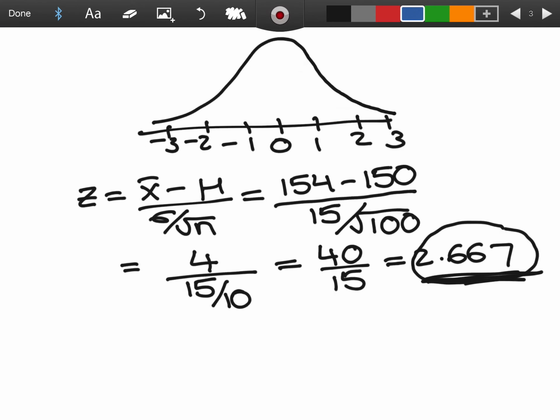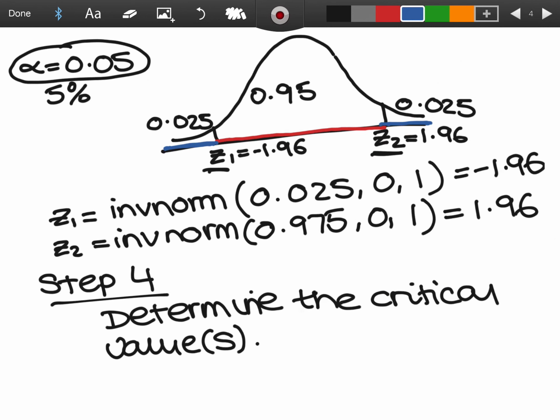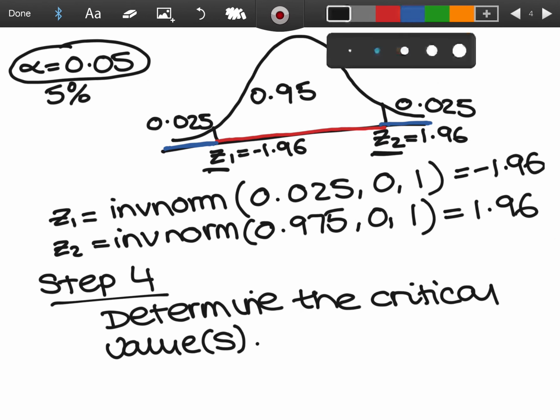The test statistic for this problem was this Z value, which was 2.667. Well, that's greater than 1.96. So our Z value for this one actually falls around here. Okay, so this is our Z value roughly here. So because it falls within that blue range, within that 5% of the time that we want to reject our null hypothesis.